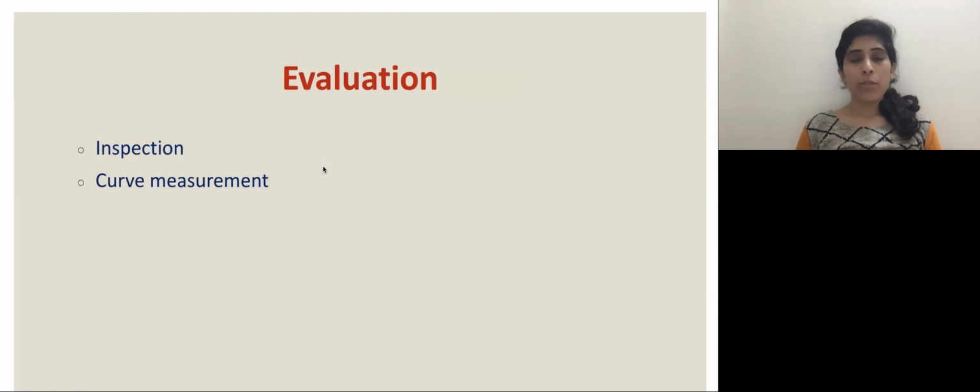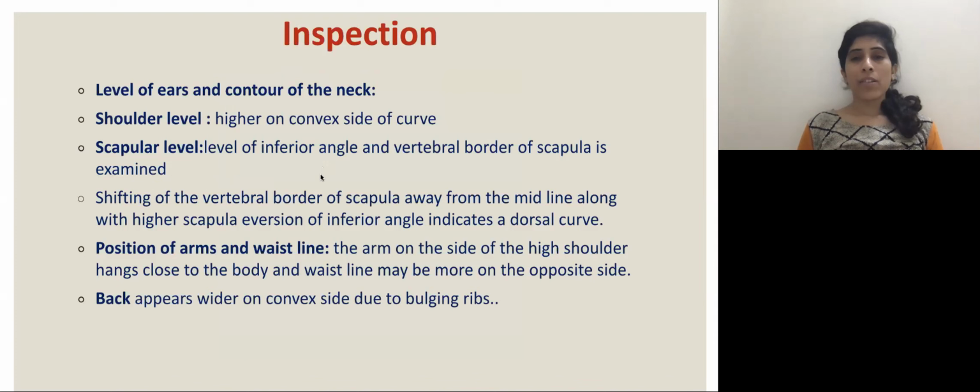Then during the evaluation, we can do inspection and curve measurement. Inspection will check for the level of the ear or contour of the neck. Then shoulder level will be seen, whether it is higher or at the same level. On the convex side, the scapula will be at a higher level.